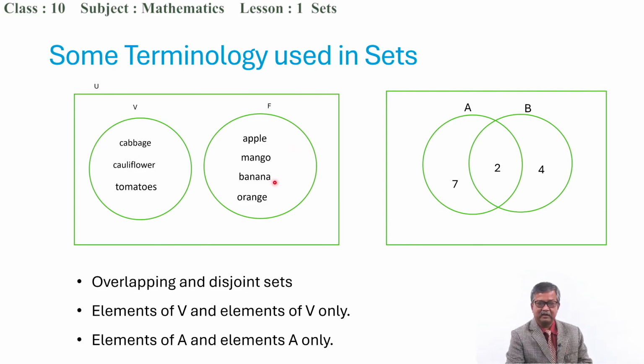Here B and F are different, because B is the set of vegetables and F is the set of fruits. Both are different, or not? And elements of B are these 3. Elements of B only are also the same in this case. But here elements of A are 2, 7 and elements of set A only is 7. Yes, clear now. Okay.